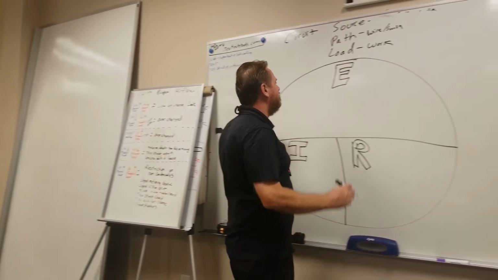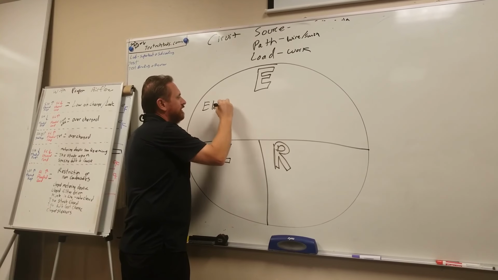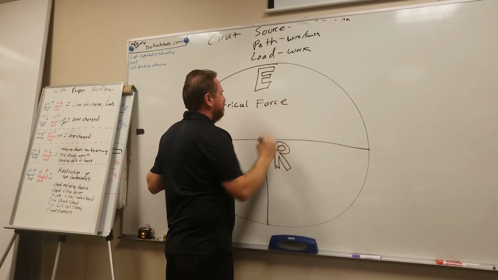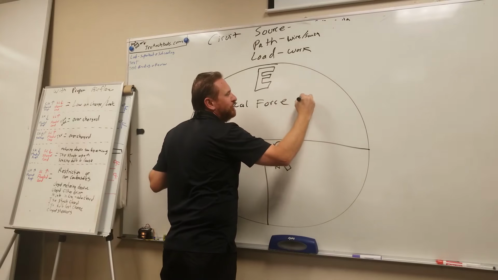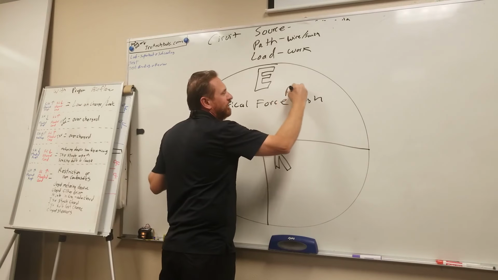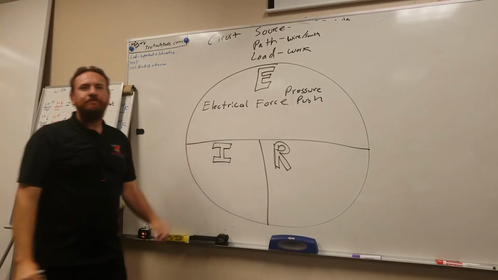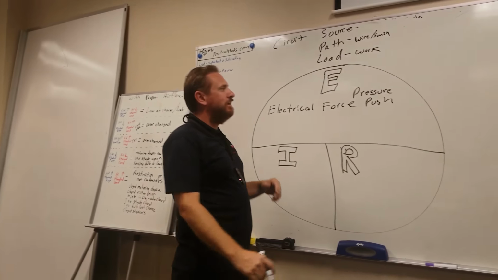E is known as electromotive force. We can put electrical force. It's also known as electromotive push. Also known as electromotive pressure. It's the push, it's the force, it's the pressure.